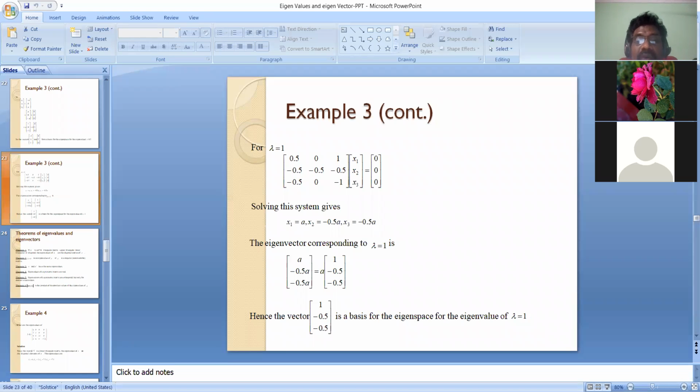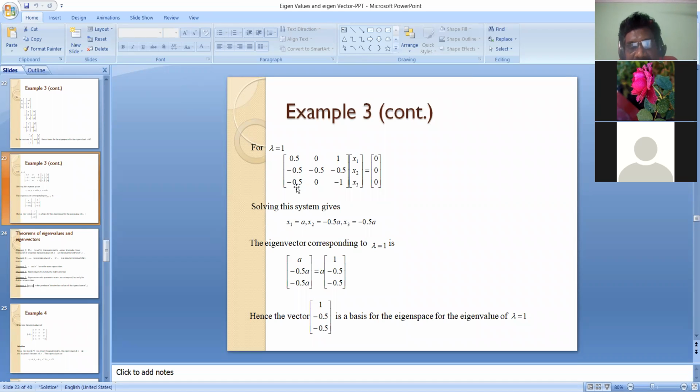So here we solve this problem by using the characteristic equation. Here we have to follow the concept. First of all, we write down the characteristic equation. After that, solve that characteristic equation for lambda values.